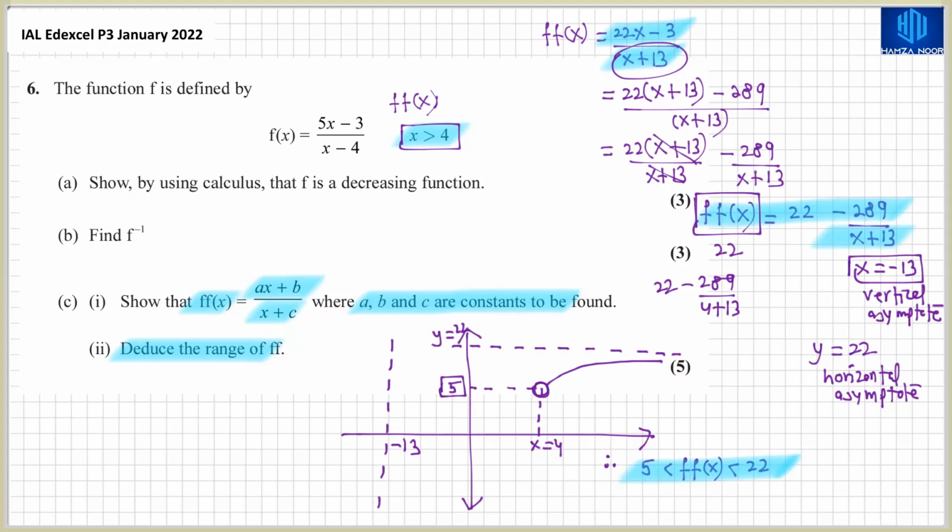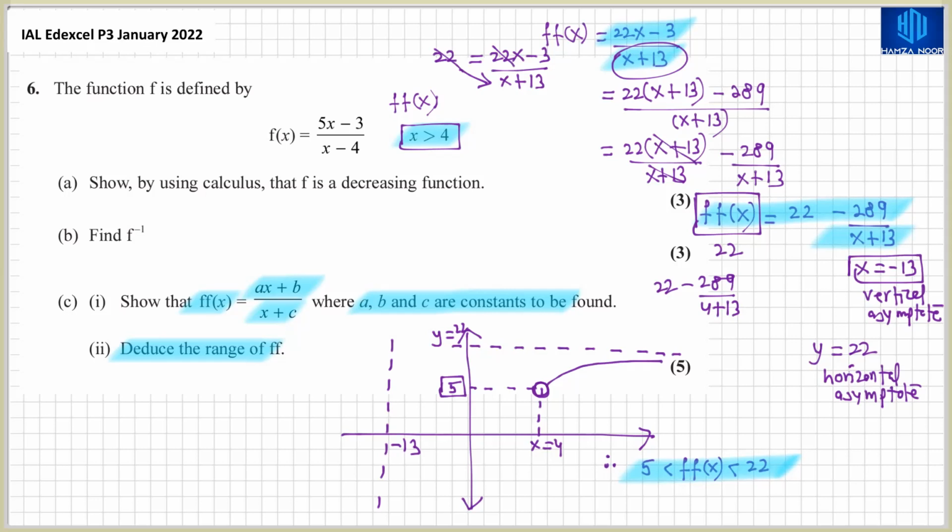And the other thing, in order to quickly find the horizontal asymptote, you can keep the output of the function equal to 22. So 22 will be equal to (22x minus 3) divided by (x plus 13). When 22 is multiplied by x plus 13, you would get 22x plus 286. So 22x and 22x would cancel out, and therefore you won't be able to solve this equation, right?